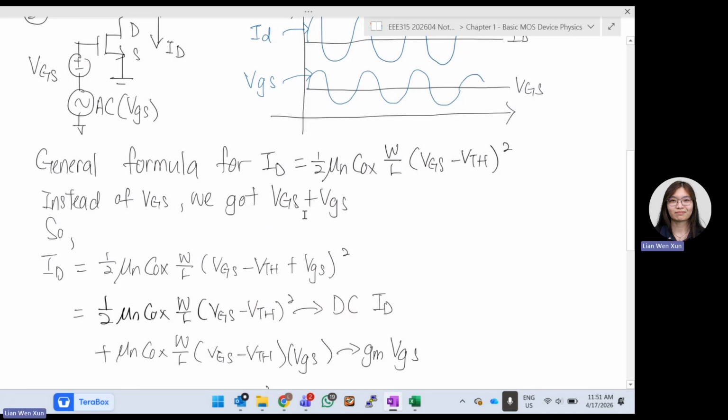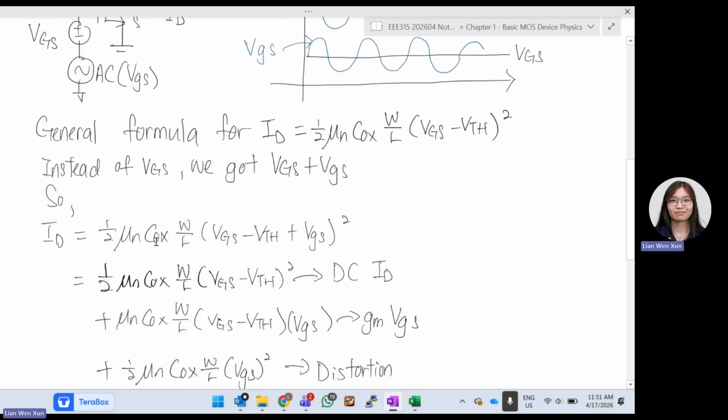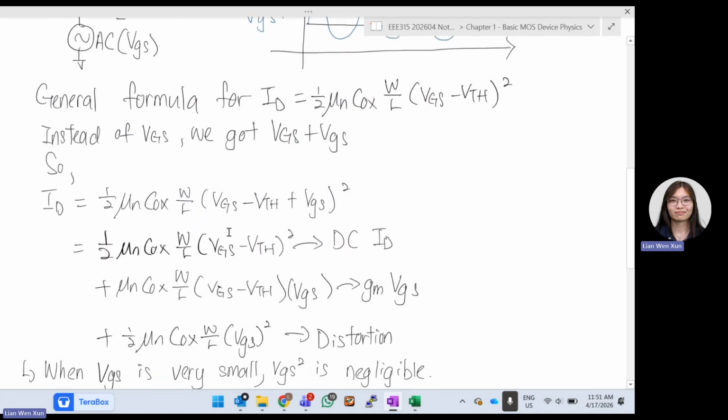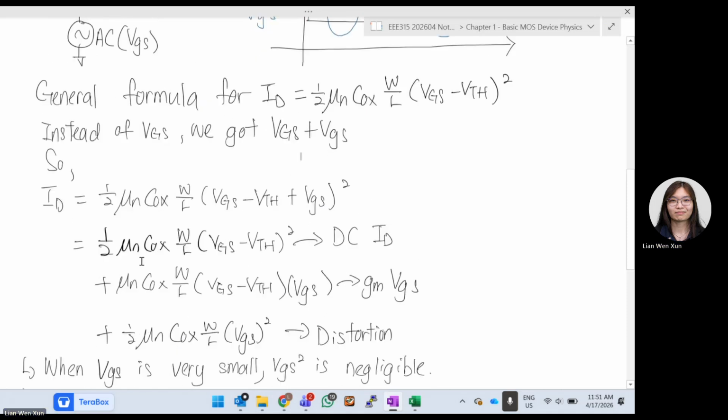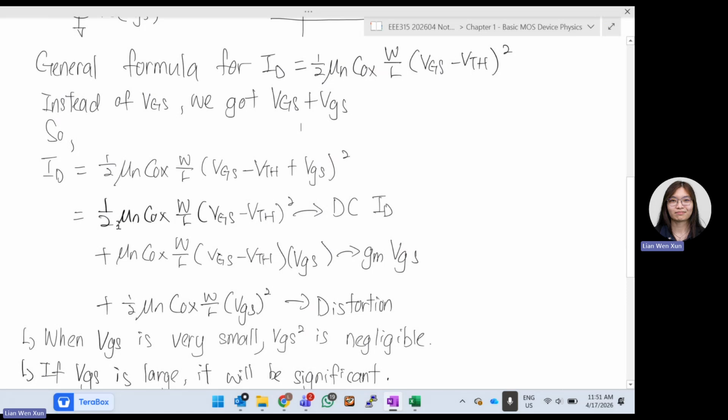So now it becomes half mu n Cox W over L (VGS minus VTH plus vgs) squared. We can separate them out: half mu n Cox W over L, (VGS minus VTH) squared plus.